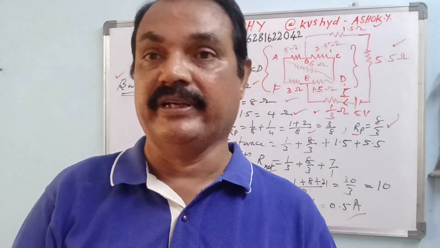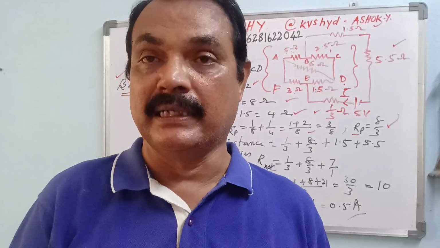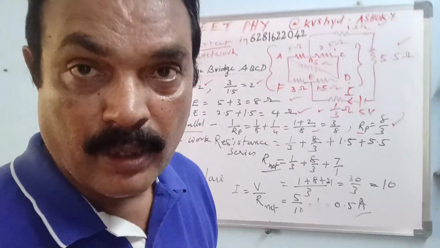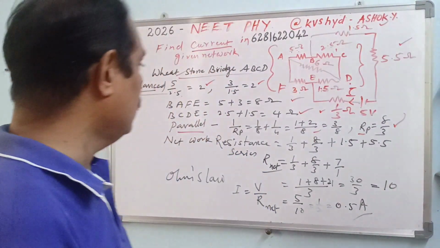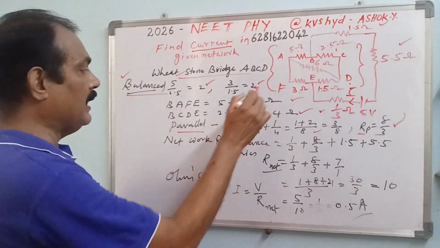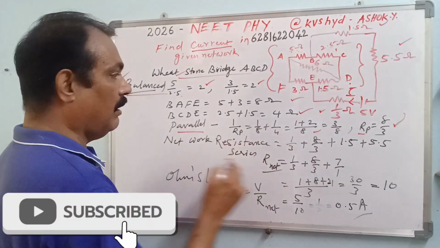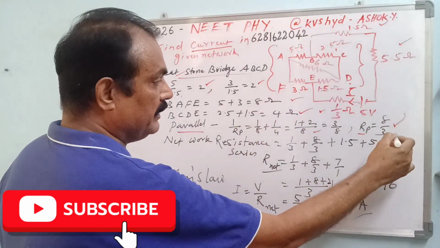It is very difficult, and options will be given and you cannot judge. So you should do such practice questions, then only you will come up. You will get definite marks in your NEET exam. I hope you understood the balanced bridge, series connection, then parallel connection. All together this network is 8 by 3 ohms.